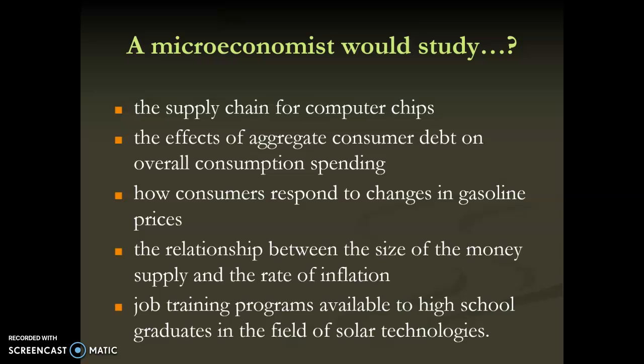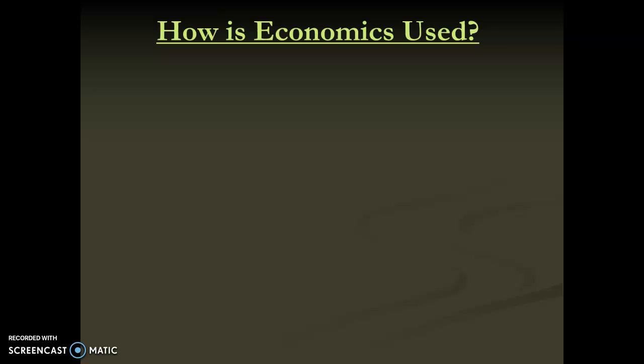How consumers respond to changes in gasoline prices, because we're talking about prices related to a particular product, that's a microeconomics topic. The relation between the size of the money supply, say in the United States, and the rate of inflation, that's a macroeconomics topic. And job training programs available to high school graduates in the field of solar technologies, that would be something that's micro because of the field of solar technologies, okay?